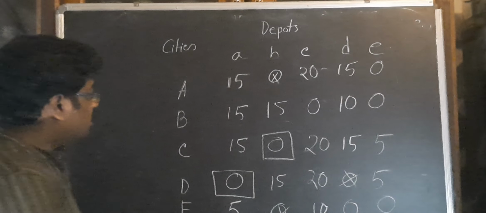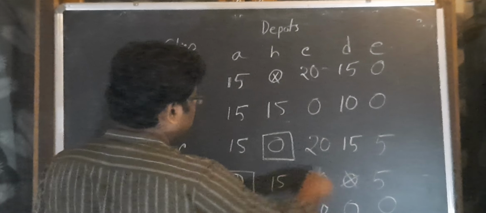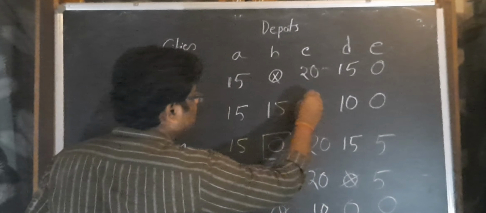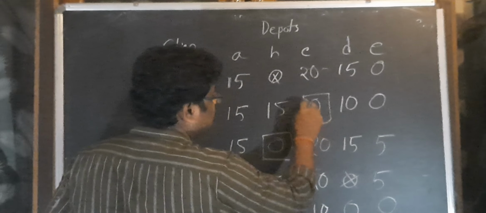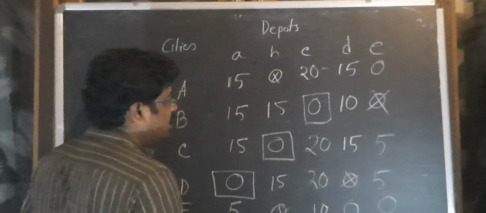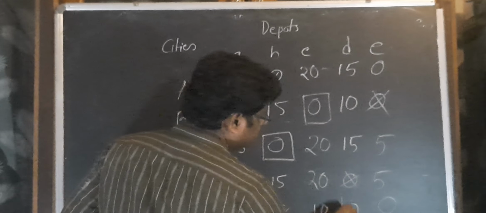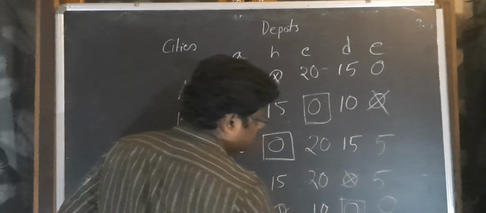Now we consider this column, there is no zero. Now this column has 1 zero. We make a box here and cross this row. And now we consider this column, we put a box here, and the row where it is assigned, we cross it.